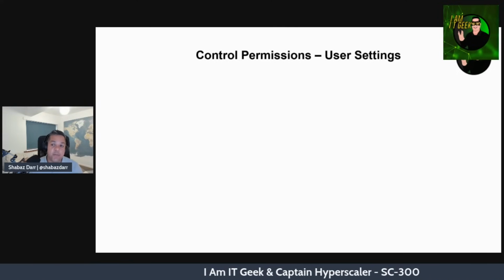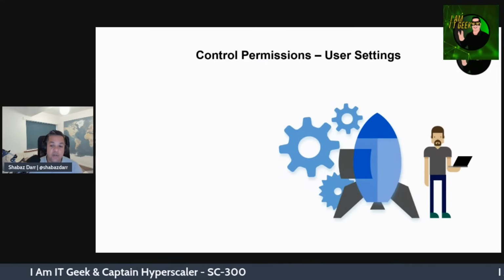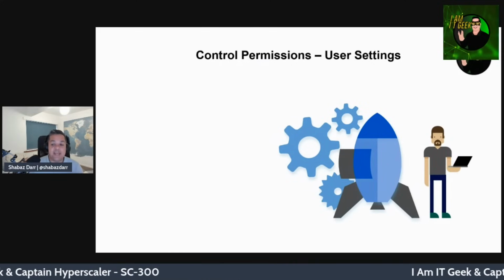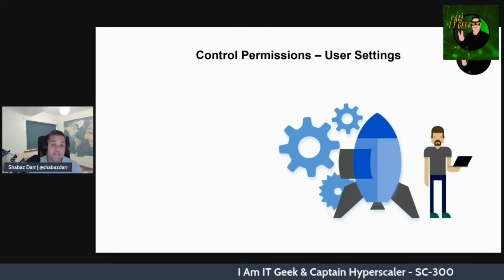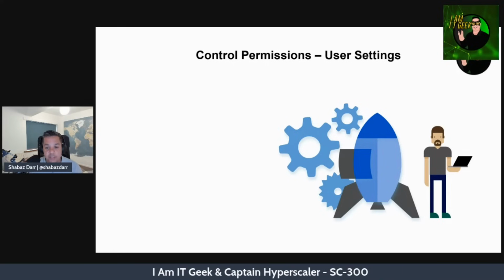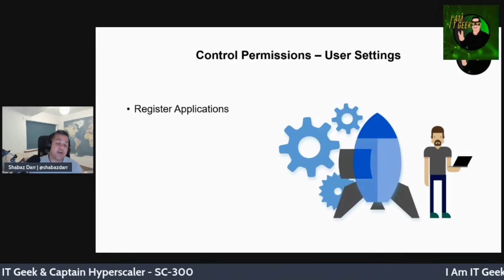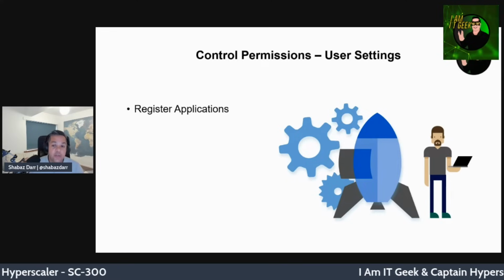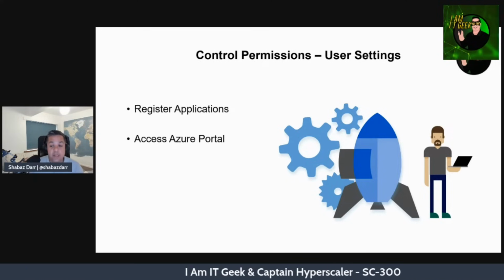Let's look at control permissions, specifically user settings, which I want to start off with. You can use the user settings inside of Azure AD to manage and restrict or control the default permissions of the default users. So you can control if a user has the ability to register an application. You can restrict access to the Azure portal for member users.